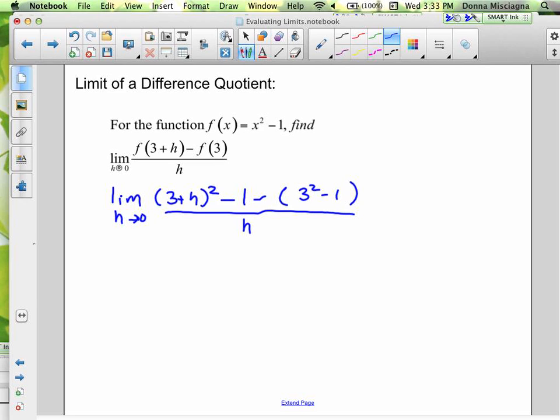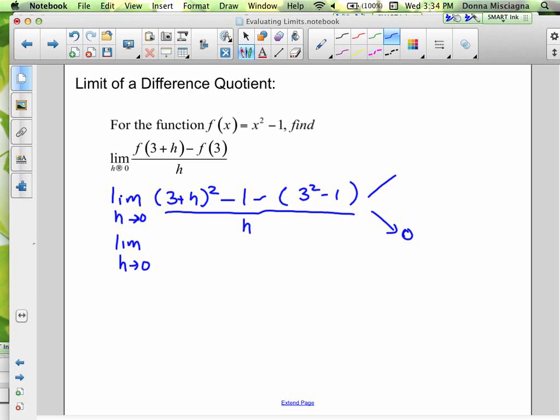Let's simplify this. So we have the limit as h approaches 0. 3 plus h squared, we do need to square that out. And just to show you, we would definitely need to do something. What happens if we plug in a 0? Well, you can see right away that the denominator would go to 0 if you plug in 0 for h. How about the numerator?